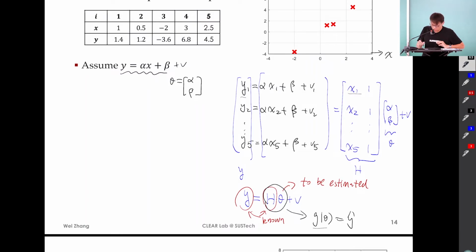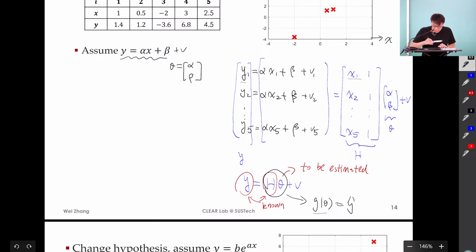You see how it can be done. So in this example, let's define this as y. So y equals what? y1, y2 up to y5. These are the points, right? So it's 1.4, 1.2. If you like numbers, I can put them in, but that's not essential.